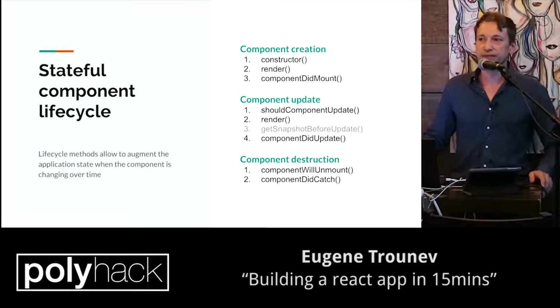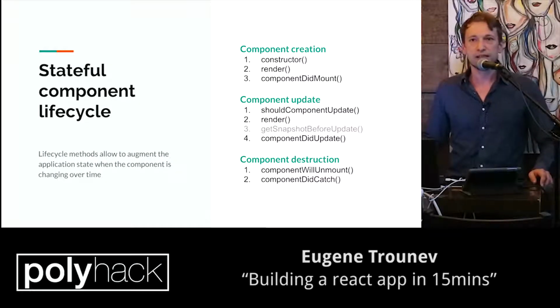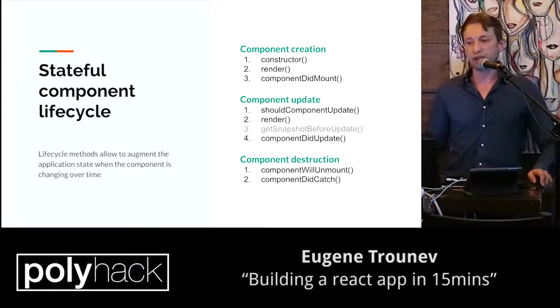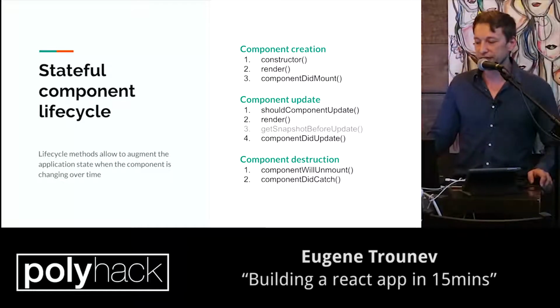Anytime you click a button or move your mouse over a component, or anytime you make an API request and it returns a response, the state of your component changes, and that's basically what you want. Every time the timer ticks, what you're building is a clock.